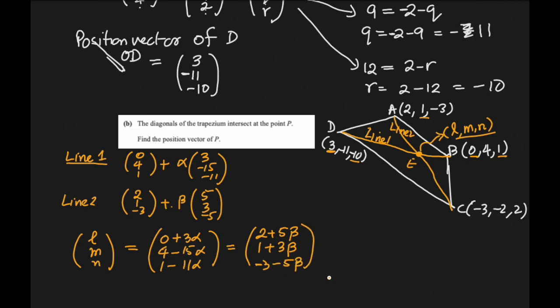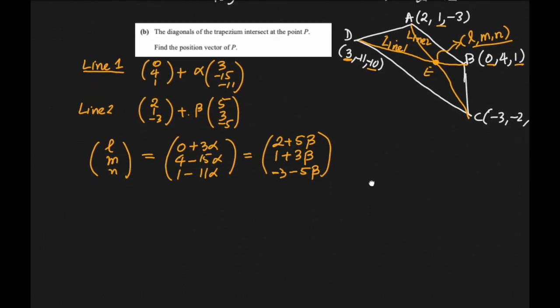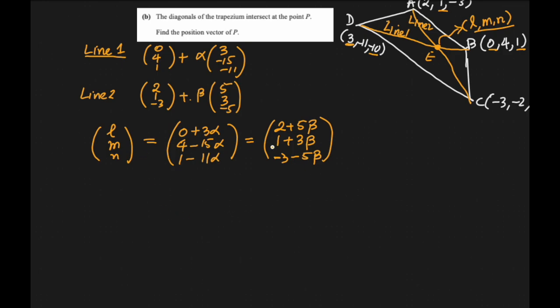Okay. Now we know that the point is common in both. That means 3 alpha is same as 2 plus 5 beta. 4 minus 15 alpha is same as 1 plus 3 beta.